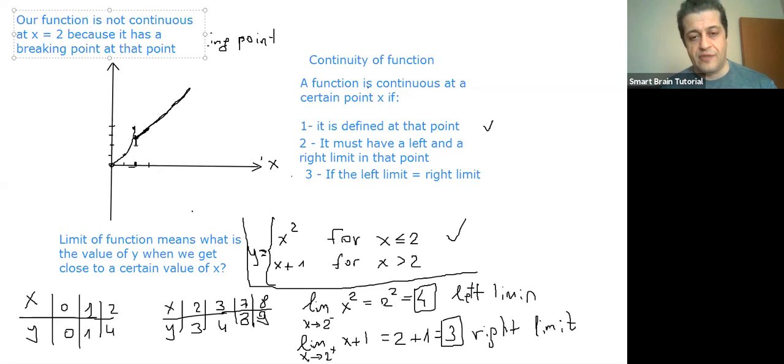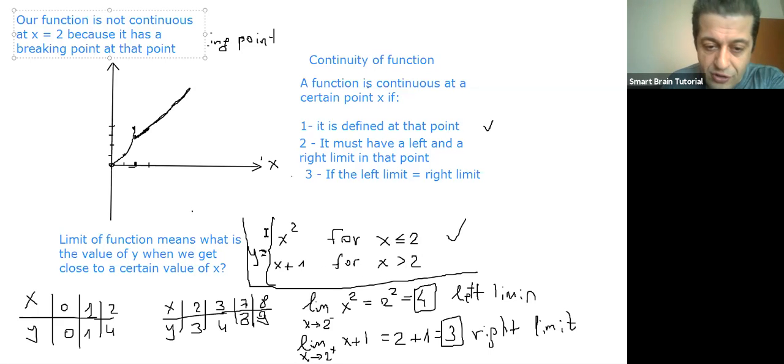That's why it is very important to study the continuity of function in the points in which we suspect there must be a breaking point. And usually, when the function is given in two parts like this, we suspect the point in which there is, let's say, a bordering point between two different functions that are included in the same function.